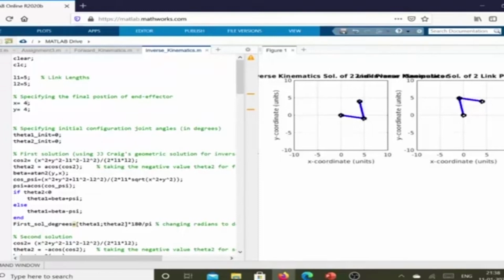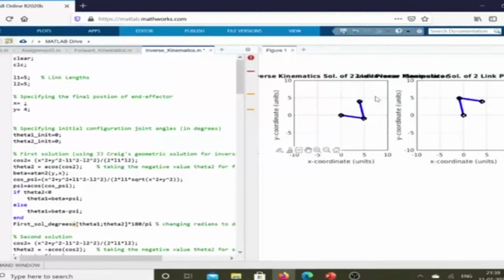Let's say we do it 6, 6. Let me just change this coordinate and make it 6 and 6. So let's make it a little bit straighter.